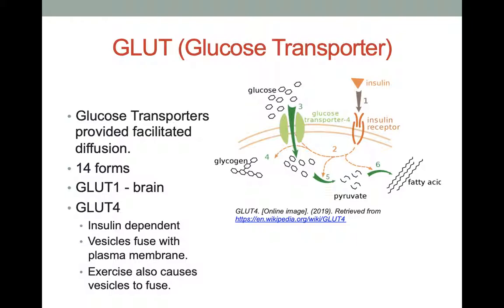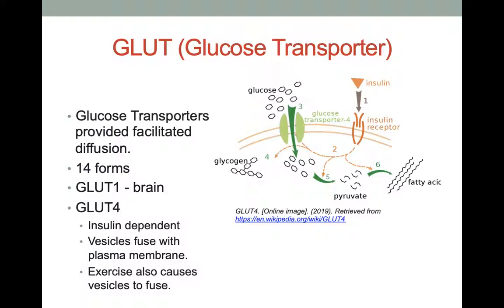I'm just going to point out a couple of them as we go through this. GLUT1 is essential for the brain, and it's non-insulin dependent. And most other cells, especially muscle cells and other body cells, have a GLUT4 transporter, which is insulin dependent.